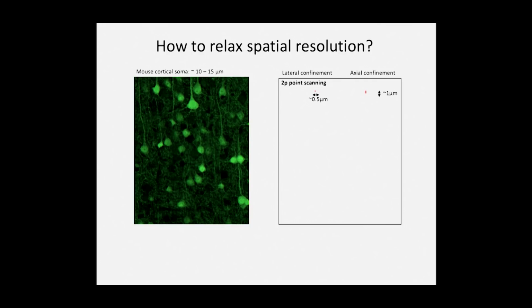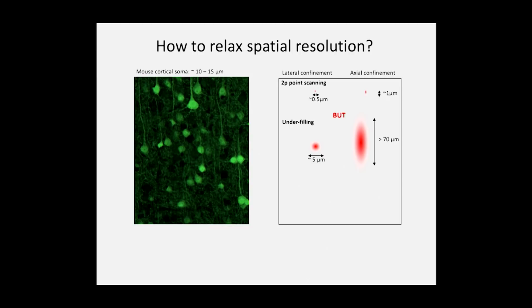So cortical neurons are on the order of about 10 to 15 microns, and this is the size of the point spread function. And in some ways, people are mainly using that, at least for these kinds of imaging, because they are mainly interested in the axial sectioning capability. So we could, in principle, relax the spatial resolution laterally by, for instance, underfilling the microscope objective.